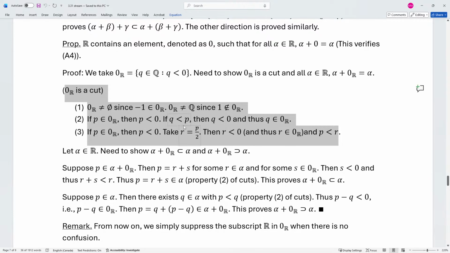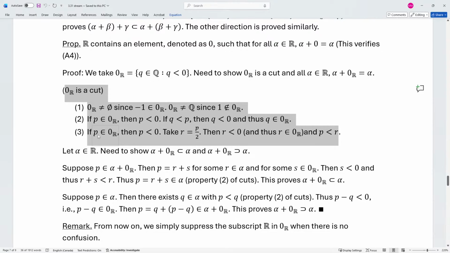If Q is less than P, then Q is less than 1, so Q is in 1R. So it's the exact same proof as 0R is a cut. And now we need to prove that 1R has no greatest element. Well, you just pick the average of P and 1. The average between P and 1 is always greater than P and less than 1. That shows that 1R has no greatest element.